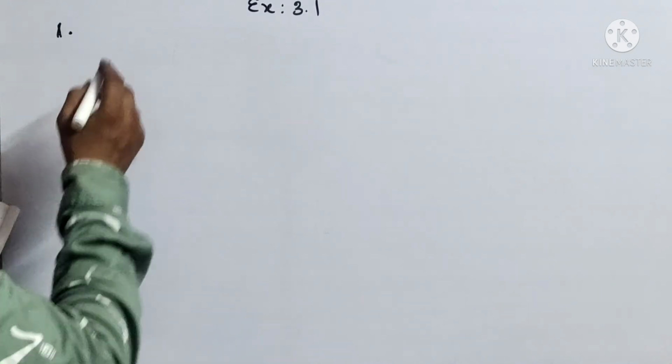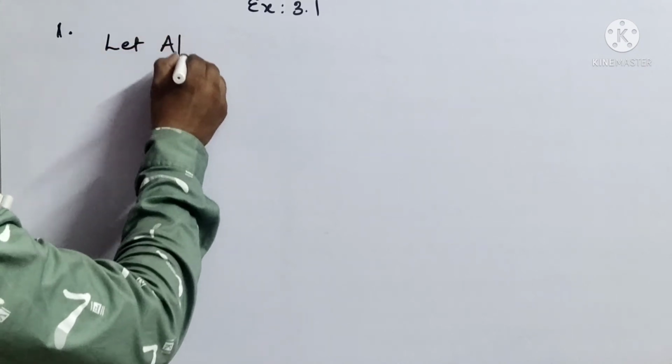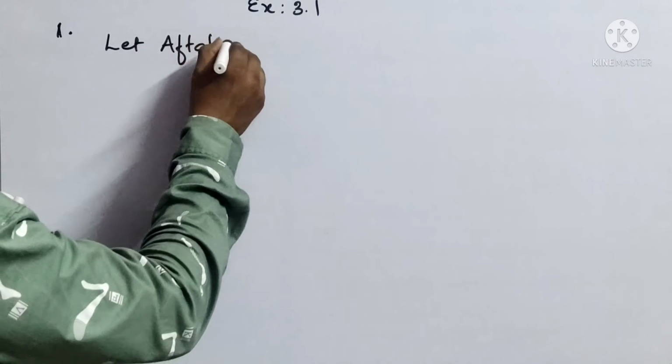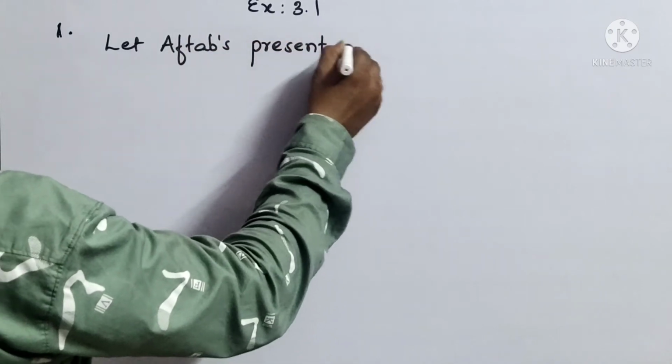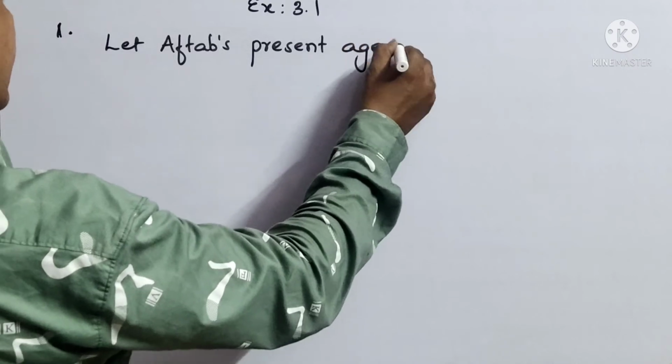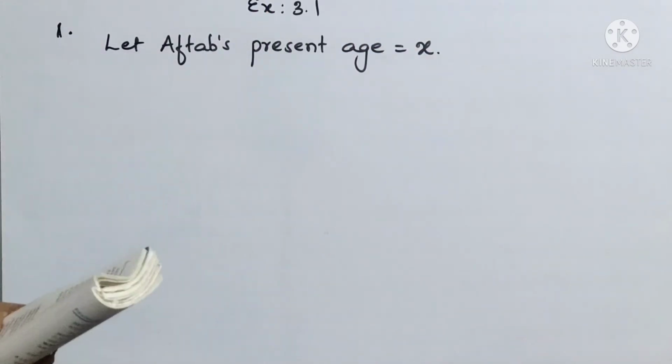Aftab tells his daughter 7 years ago. Let Aftab's present age be x years. Here there are 2 persons, Aftab and his daughter.